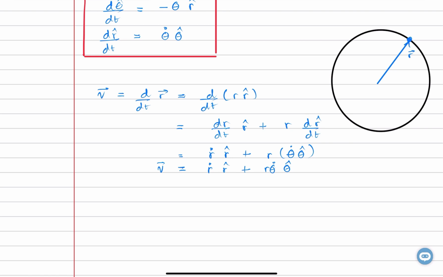Now, I have the r cap direction, and the rate of change of my position in that direction is given by r dot. In other words, it's telling us that the derivative of r with respect to time is exactly how fast the velocity changes in the direction of the position.